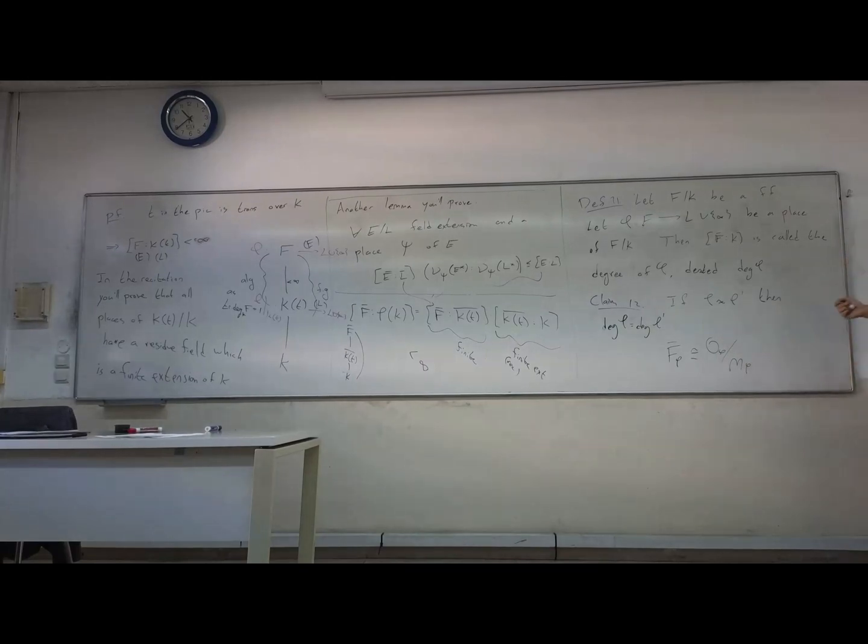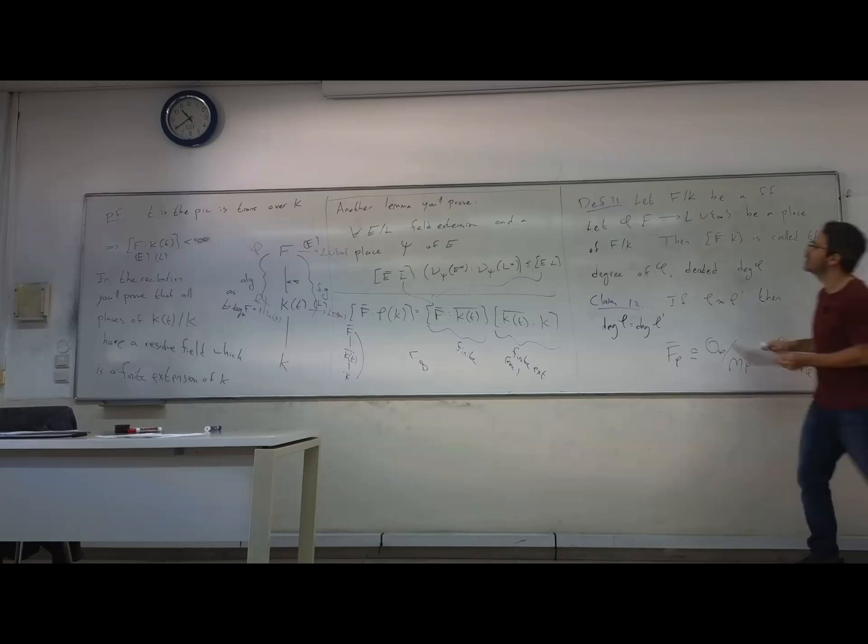And for equivalent valuation, this is the same set. These are the same sets. So that's a real set theoretic equality. And that's isomorphic to f phi bar, by definition, by construction, by the way you constructed the residue field and the place from the valuation.